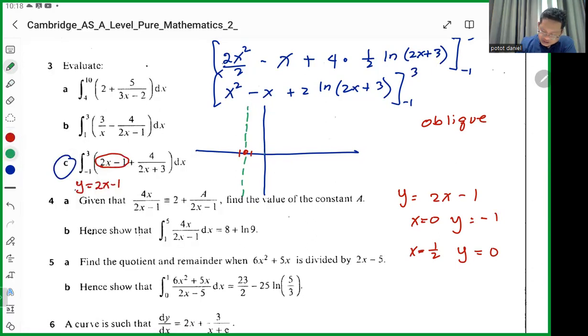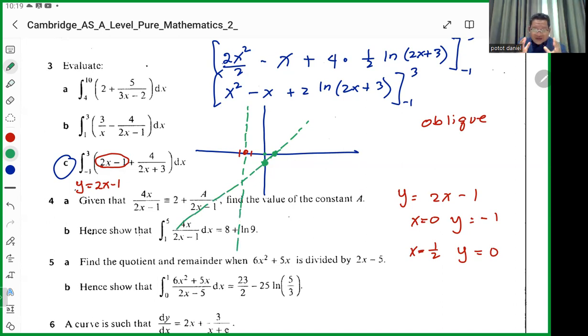So 0 there and -1. Maybe this. And then you have there 1/2 and 0. So 1/2 is here, for example, and 0. All right. And then what you're going to do is just simply draw lines that connect them.